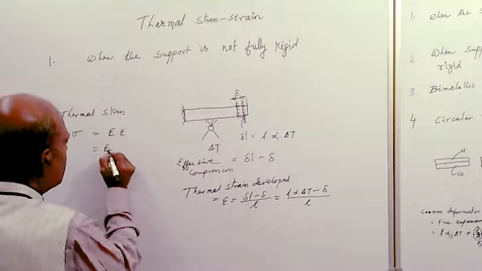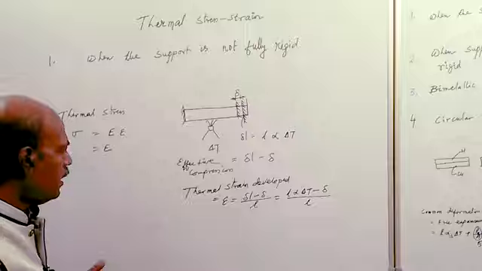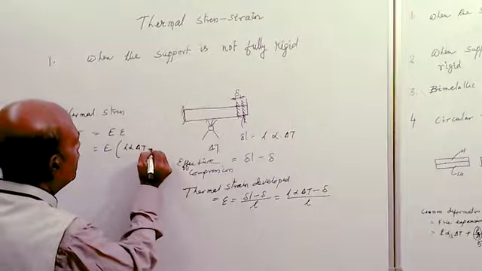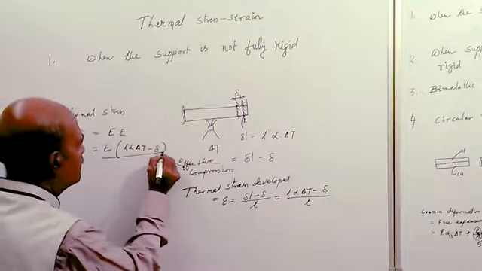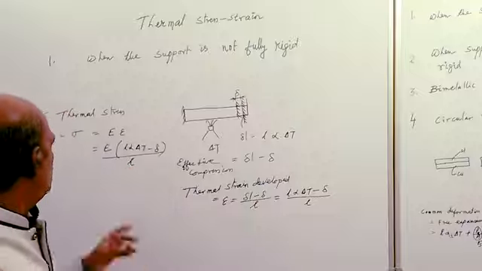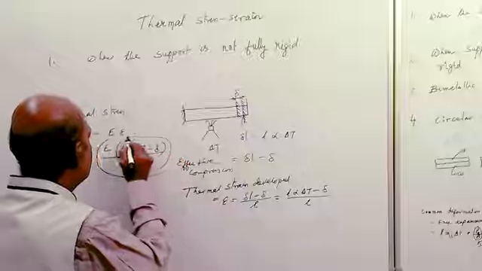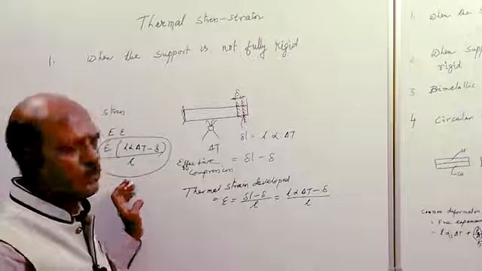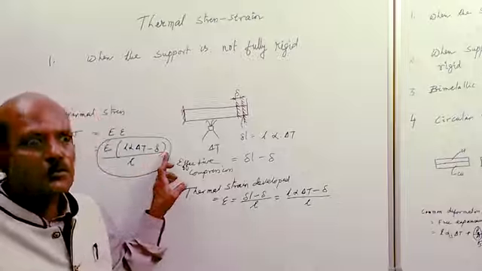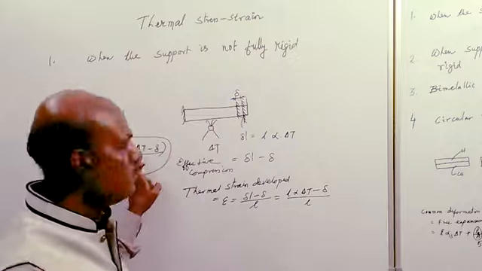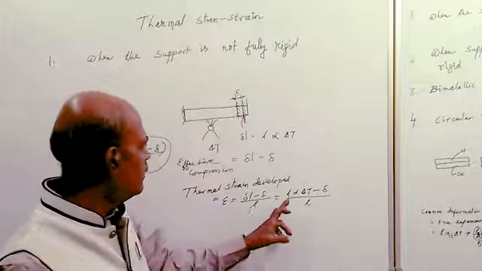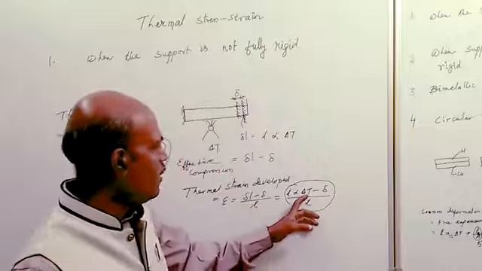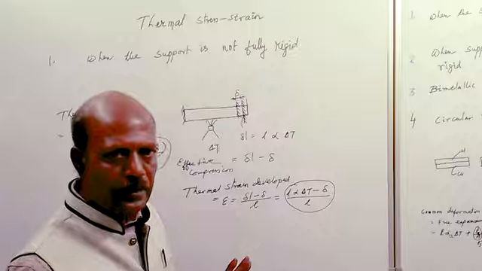E is a constant known as Young's modulus of elasticity, and epsilon is given by L into alpha into delta T minus delta, divided by L. So this is the thermal stress developed in the bar when the support is not fully rigid, or in other words the support is shifted by delta amount when the temperature is raised by delta T, and this is the thermal strain developed in the member, that is L alpha into delta T minus delta by L.